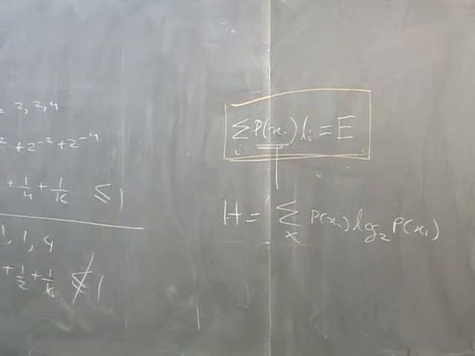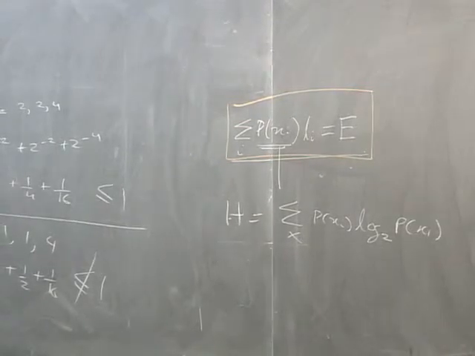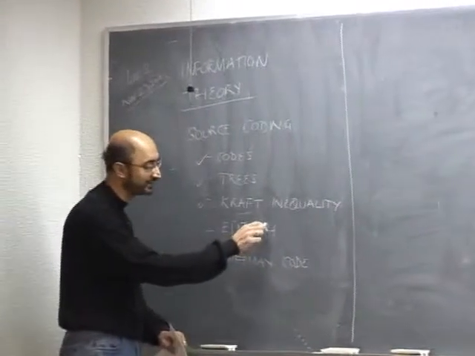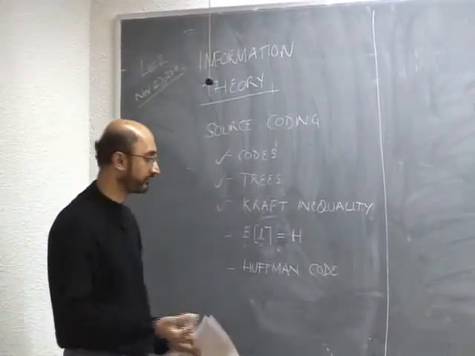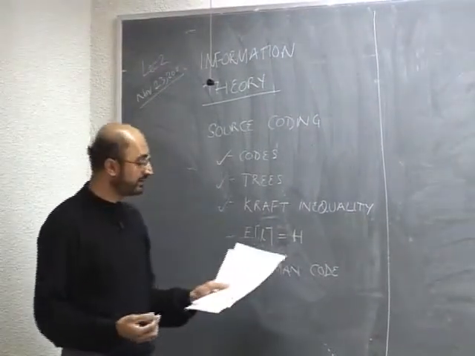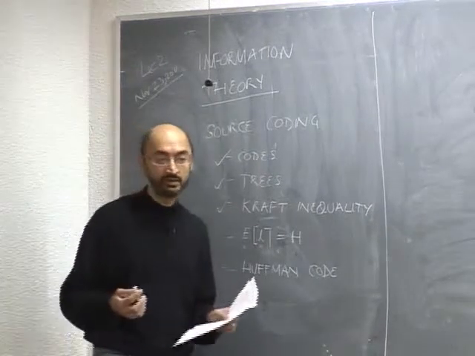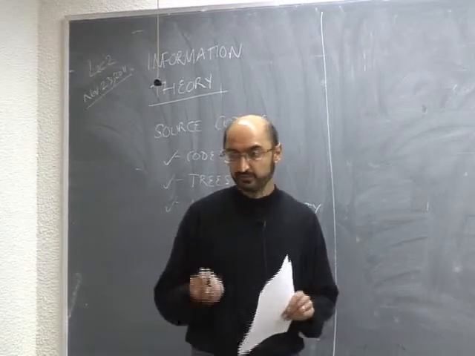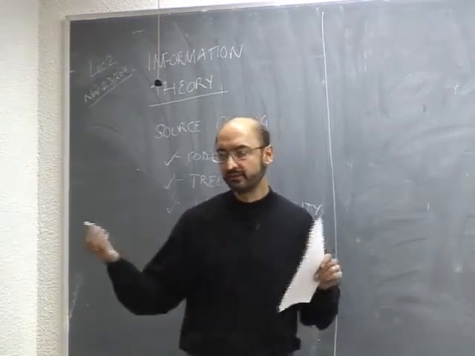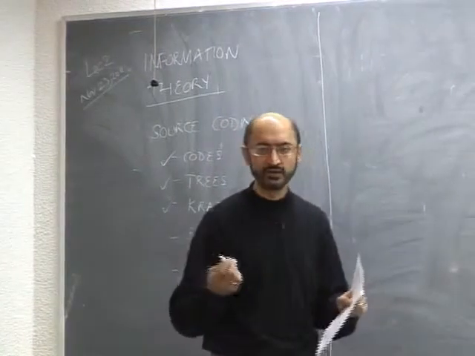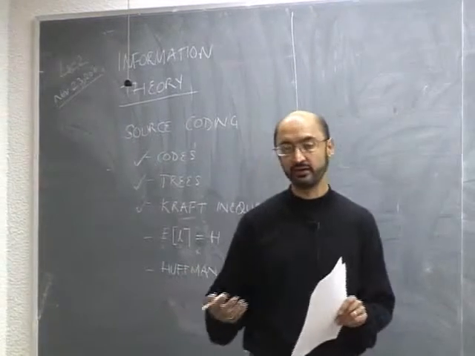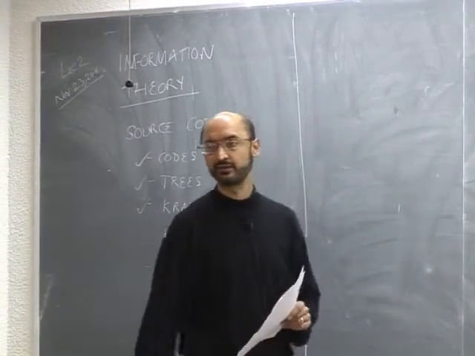What we're going to show now is that for the optimal code, the expected code word length is in fact the message entropy of the source. So the message source entropy tells us exactly the shortest expected code word length. So if a message source has entropy of 24 bits, there is no instantaneous code which on average, in expectation, has a length less than 24 bits.